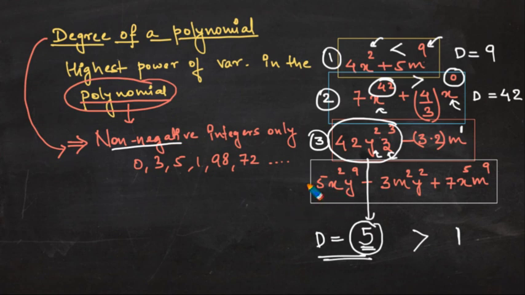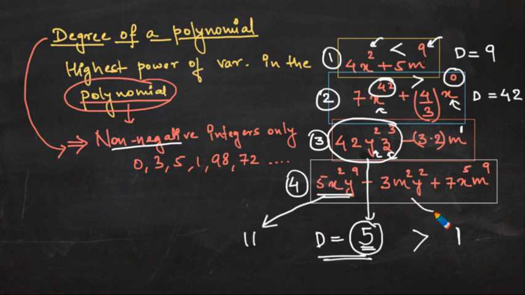Similarly, let's try this last example. For this first term, again, we have 2 variables. So the total power that we take for this term is 2 plus 9. And I'm again repeating this, this has no mathematical significance. It's just for the sake of calculation of degree. So for the first term, we have 2 plus 9, that is 11.